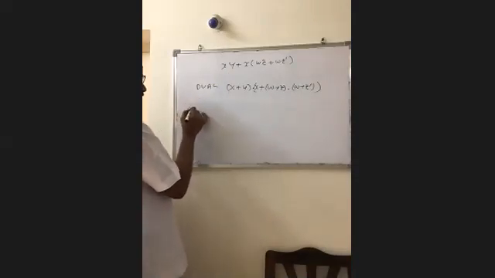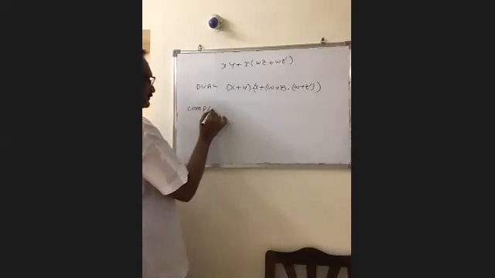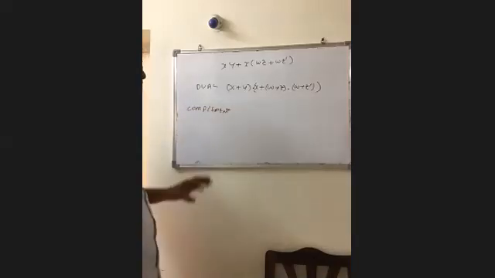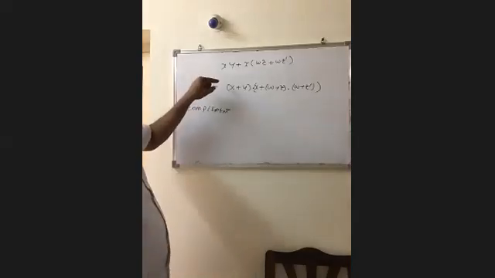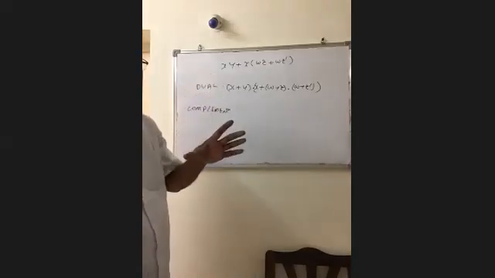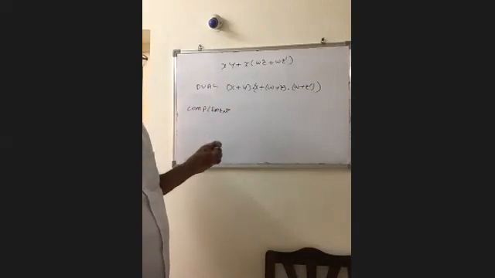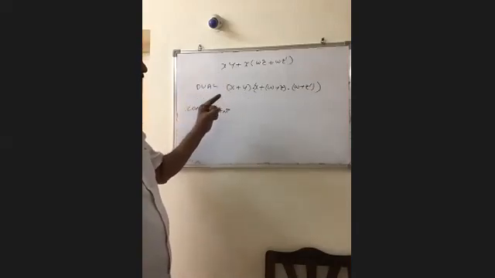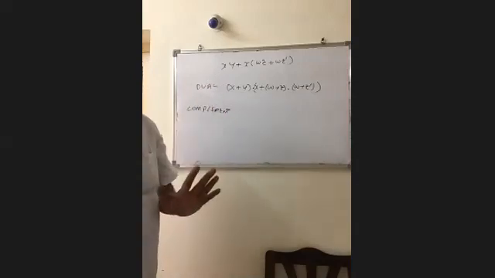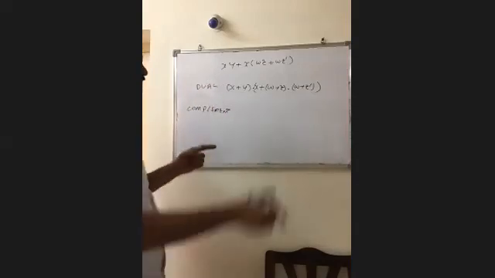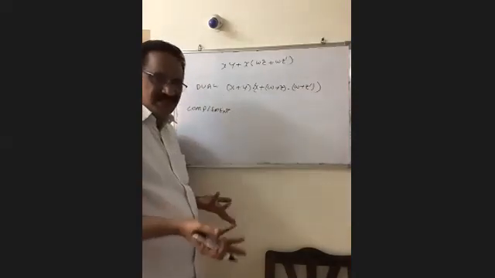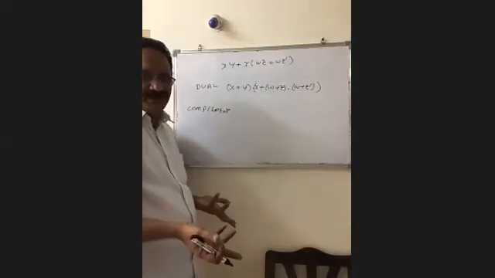Next, what is its complement? In the case of complement, what is the procedure? Interchange AND and OR operations and complement each literal. If we write the dual, simply complement each literal. That is the complement of the given expression.